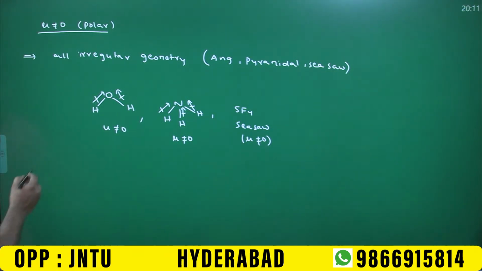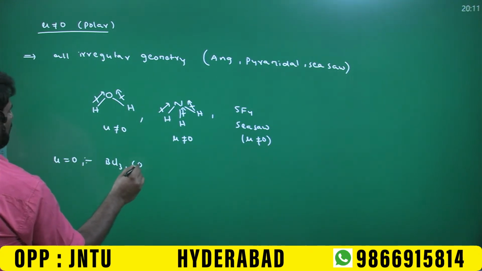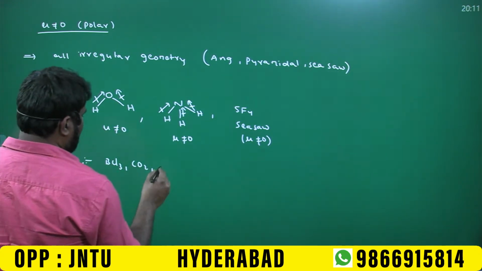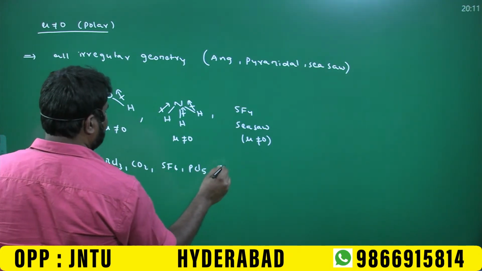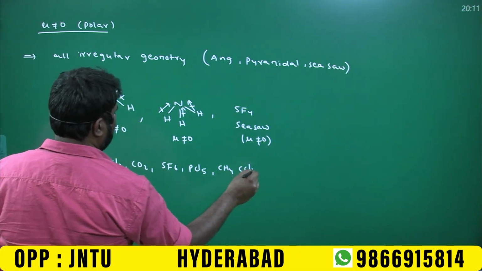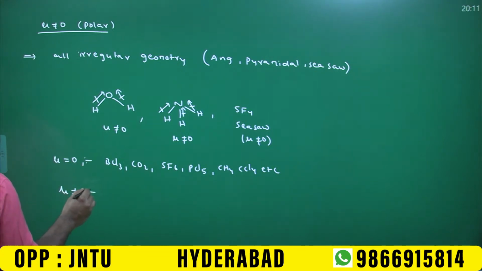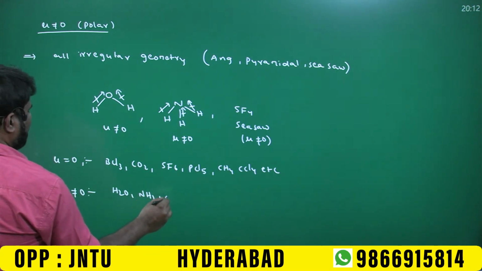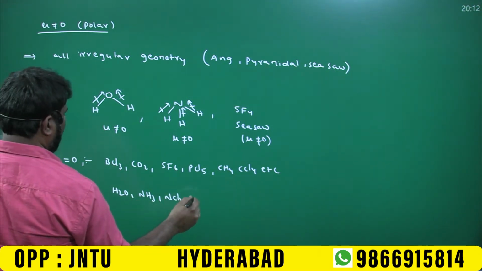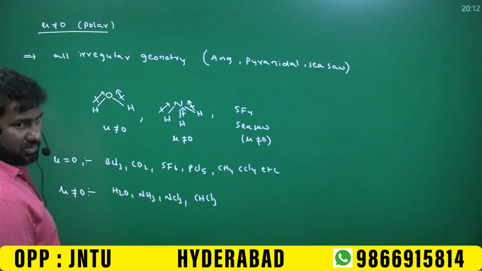Okay. I will give some other examples. For mu equal to 0, examples are BCl3, CO2, SF6, PCl5, CH4, CCl4, etc. For mu not equal to 0, irregular shapes: H2O, NH3, NCl3, CHCl3, because identical atoms are not there, different atoms.